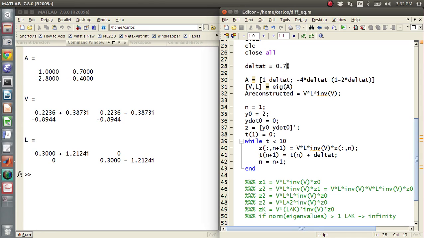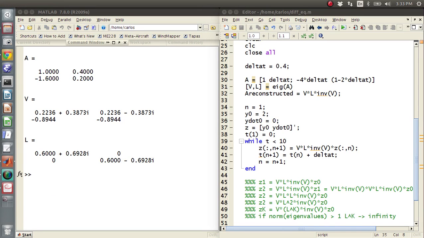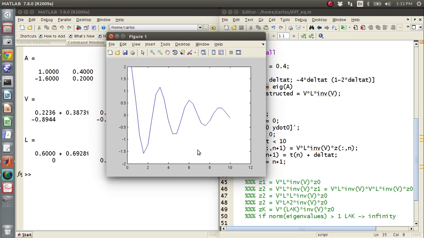That's not good enough. Let's do 5. Let's do 4. Okay, so now let's look at this. Let's do the norm of L of 1, 1. Well, that's 0.9165, so that means that it's less than 1. So if we hit go and we plot this, our system is stable.